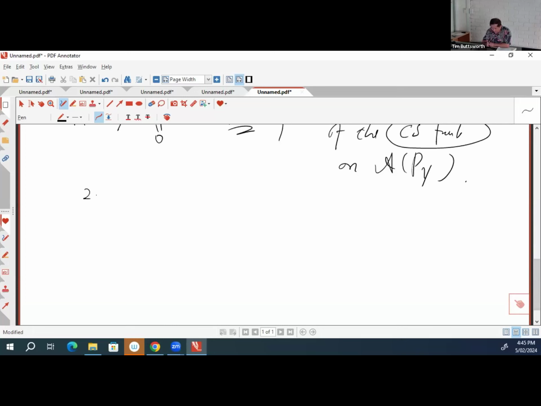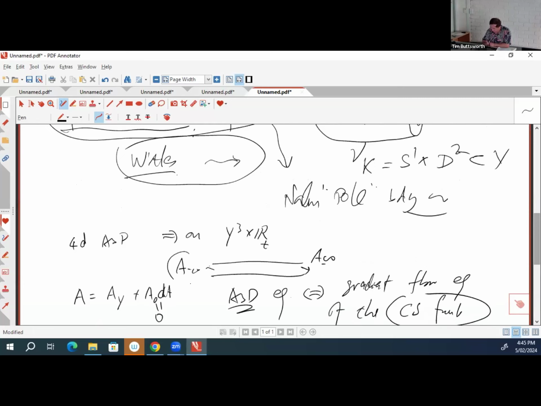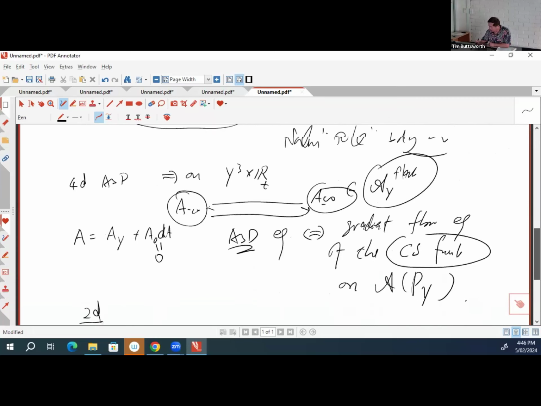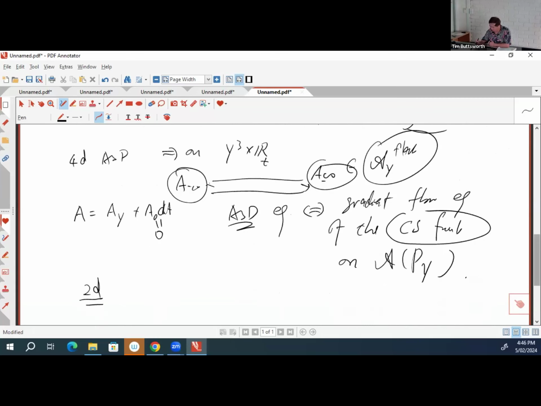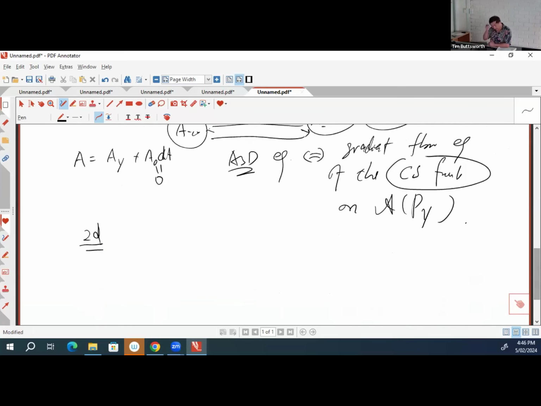So what about if we have 2D? You can see that the limit is a connection on Y, and this actually is flat. And flat connections are connected to the fundamental group. So that's another way, and you can continue on to the 2D theory, and then again we just have flat connections.